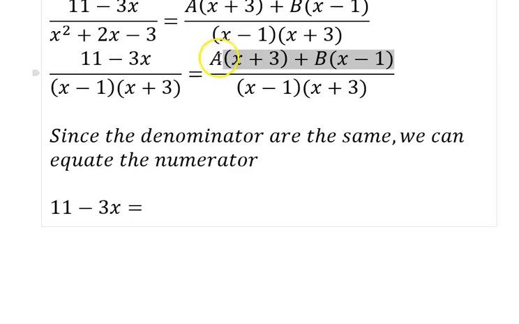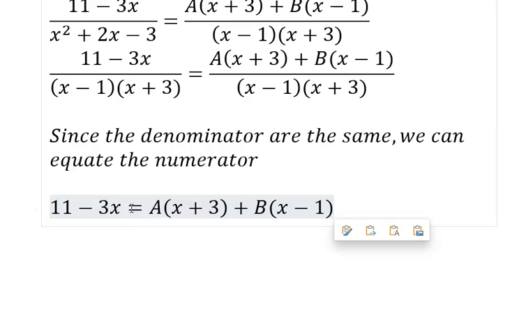Beautiful. Now, since this denominator is the same, let's equate the numerator. Awesome. So for record purpose, let's say this one is equation 2.